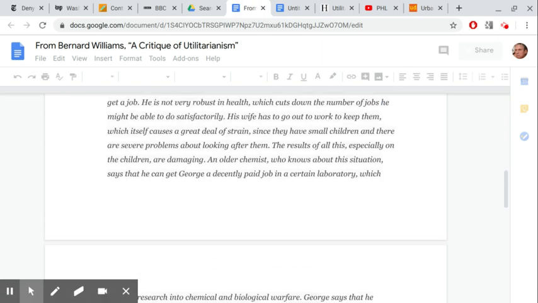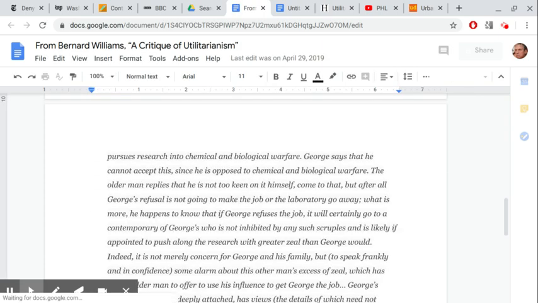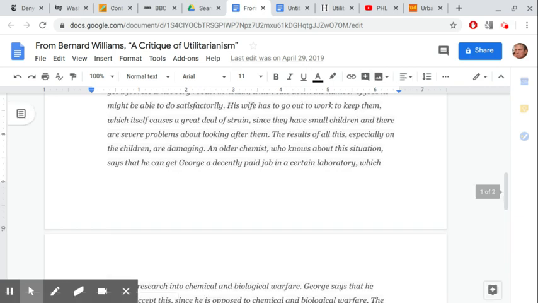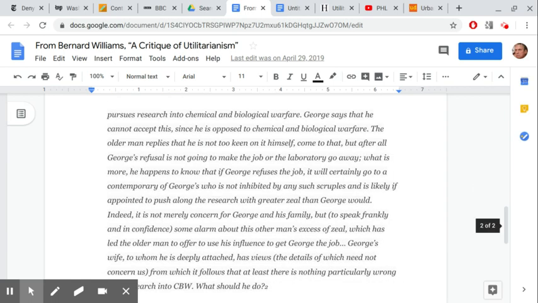That is, in maximizing the overall amount of happiness, you may actually be violating other important moral concerns or moral rules. It's not clear. So it's actually quite interesting.